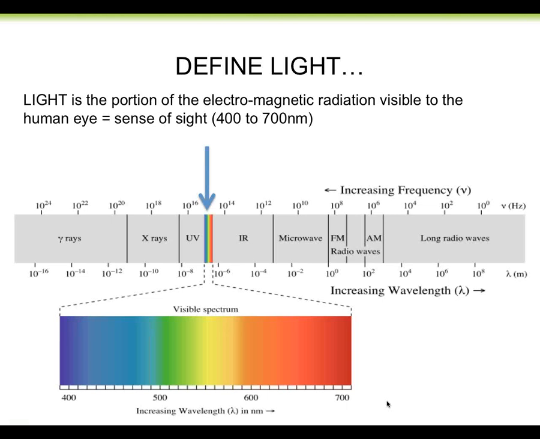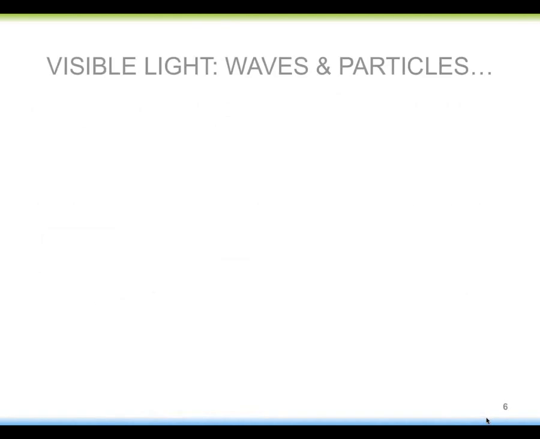Obviously, nobody can see X-rays or other forms of light, so therefore, it's not really considered as visible light. I personally don't totally agree with that. I'm going to get to that in just a minute. But this is the way it is defined at this time. This is another version or another perspective of the same drawing, just to show the waves.